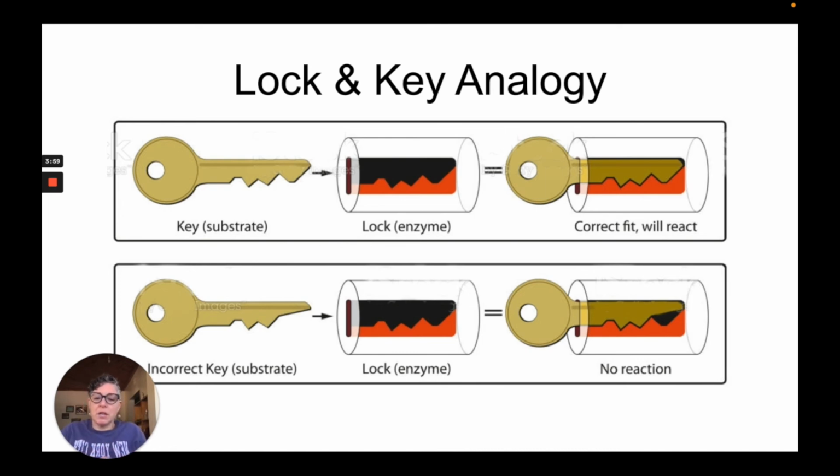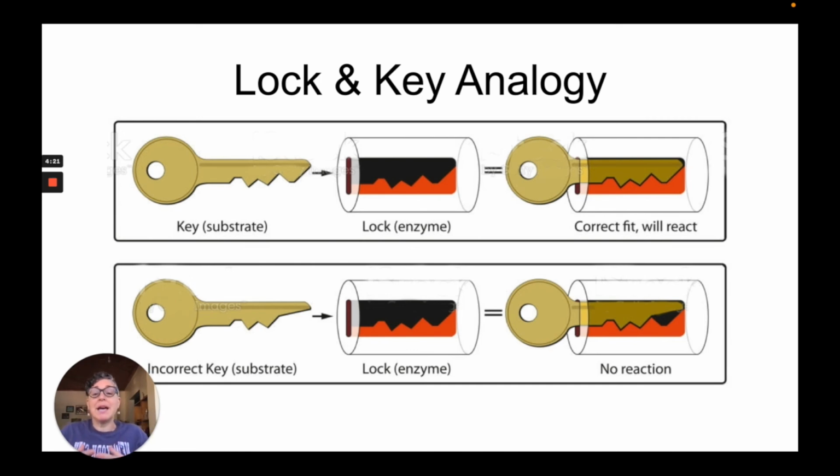So if we think of the key as a substrate and the lock as the enzyme, if the correct key fits into the lock, if the shapes match at all the correct points, then we will have a reaction. Then the lock will turn, or then the enzyme will be able to do the chemical reaction.